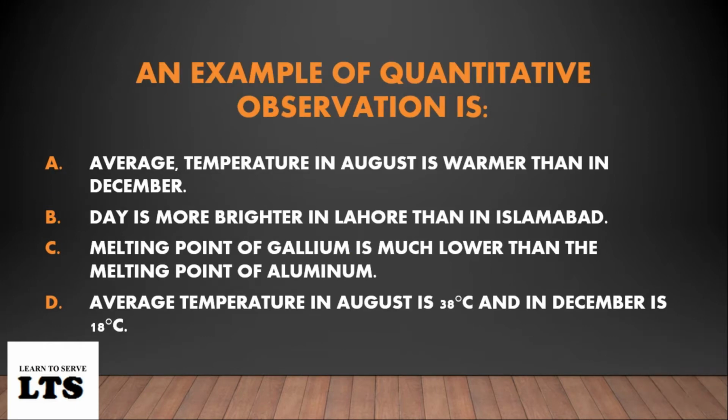Next one, an example of quantitative observation is option A, average temperature in August is warmer than in December. Option B, day is brighter in Lahore than in Islamabad. Option C, melting point of gallium is much lower than the melting point of aluminium.